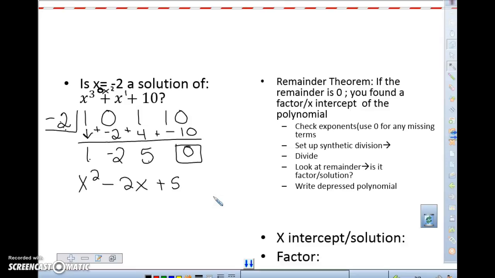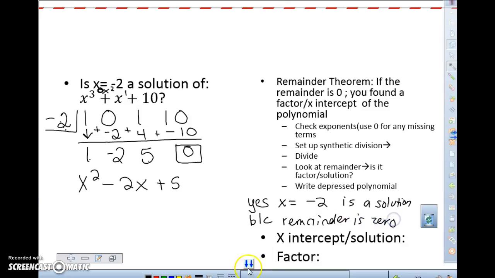The remainder is 0, so what does that tell us? Good. So yes, x equals -2 is a solution because the remainder is 0. I'll raise it up.